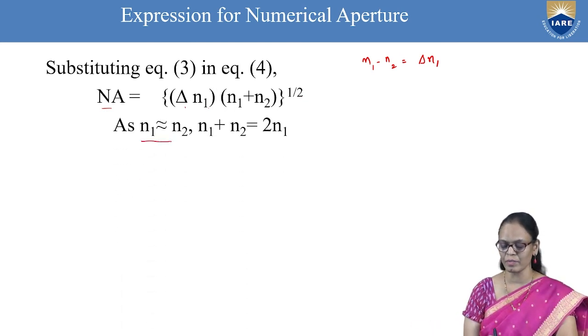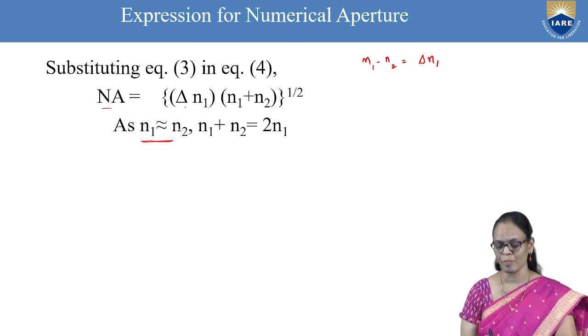We have considered that the refractive index of the core is slightly greater than the refractive index of the cladding, so it is almost equal to the refractive index of the cladding. So n1 is approximately equal to n2, and n1 plus n2 will be equal to 2n1. This is the approximation we are making. For n2 also we substitute n1, so n1 plus n1 gives us 2n1.